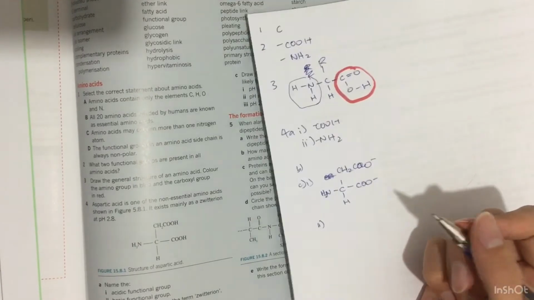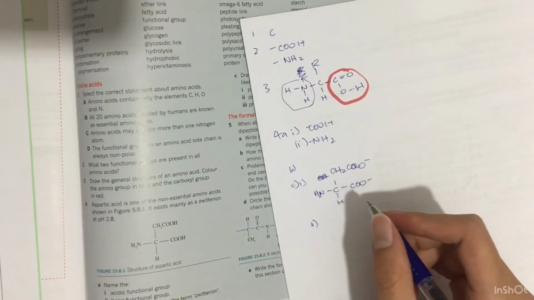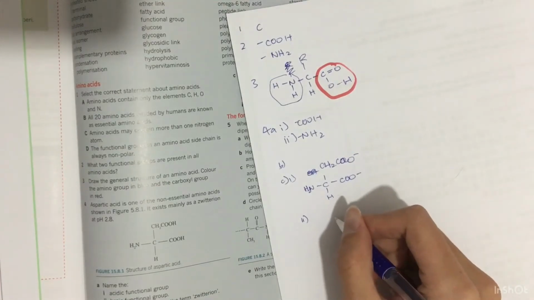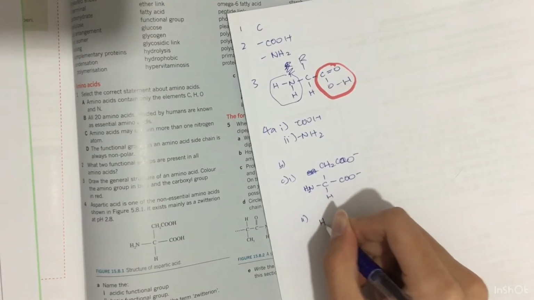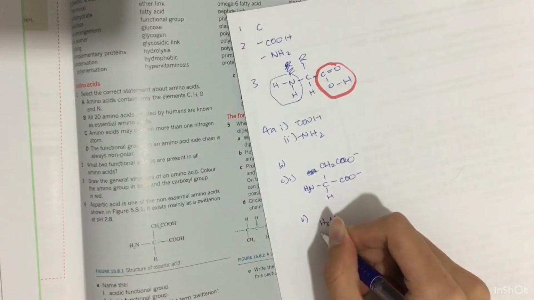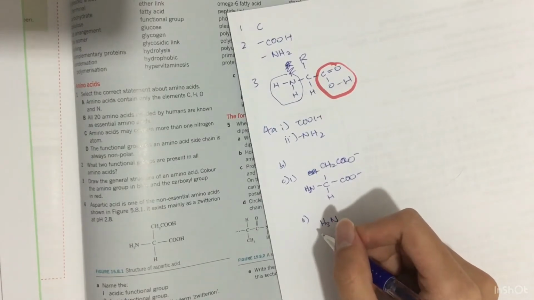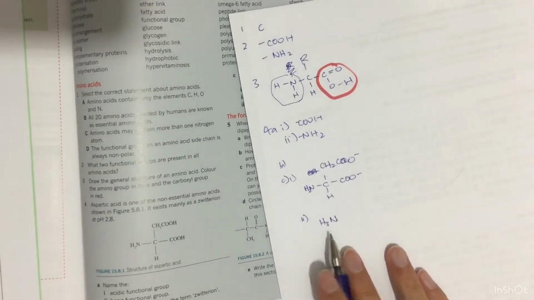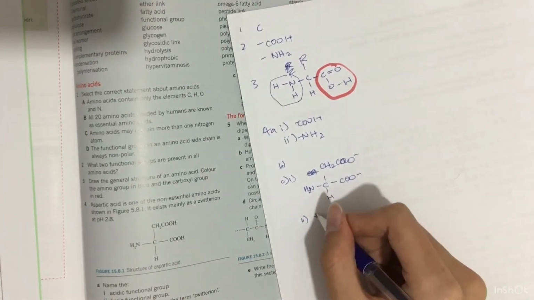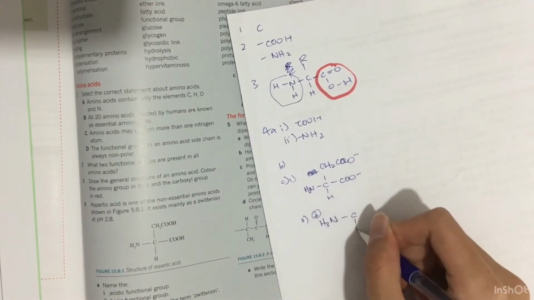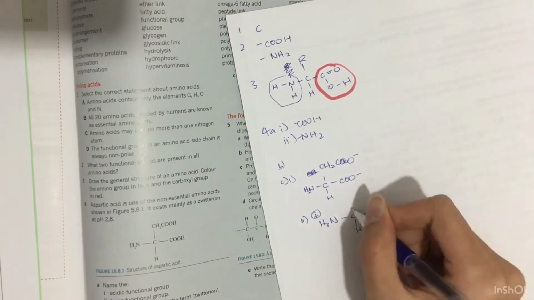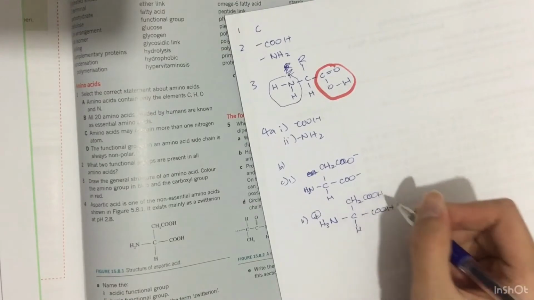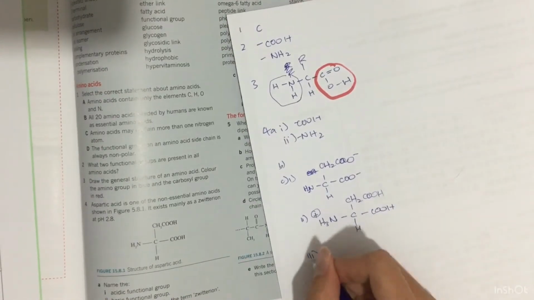At a pH much less than 2.8, so that's a more acidic solution than where it would be a zwitterion, much lower pH means lots of H plus around. So the NH2 is going to take another H. And since there's already lots of H's in solution, the carboxyls will just stay as they are.